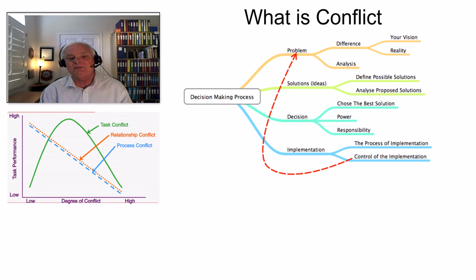Let's also take a look at the decision-making process that I've got on the side. Now, this decision-making process can be used in a lot of different ways. But when you are sitting with a group of people and you're trying to determine what we should do to resolve a conflict, that decision-making process allows you to identify the problem, look at it from your perspective, define possible alternatives, analyze proposed solutions, choose the best solution, and look at the implementation and control of the implementation of that decision.